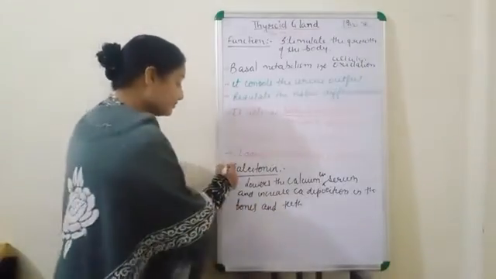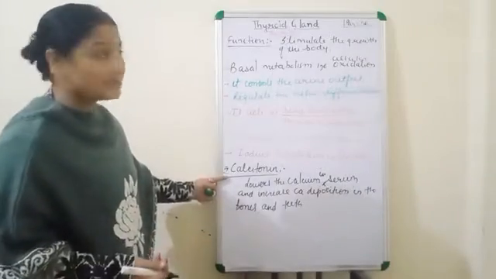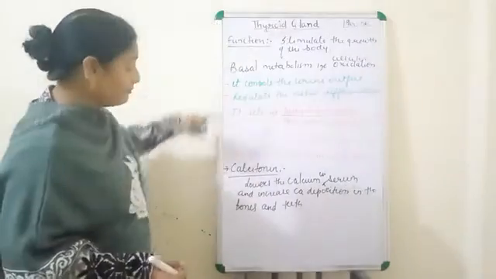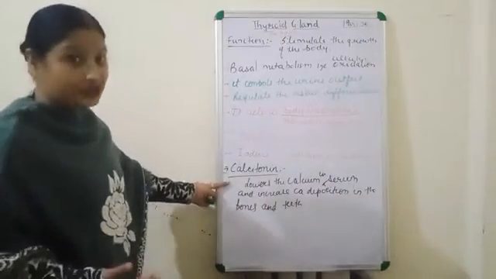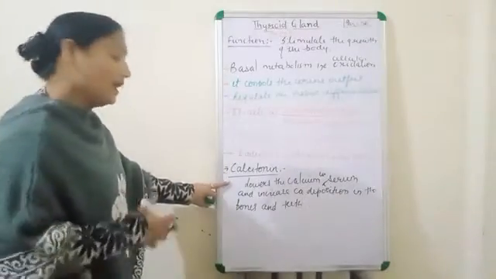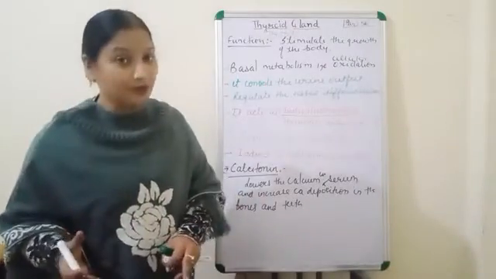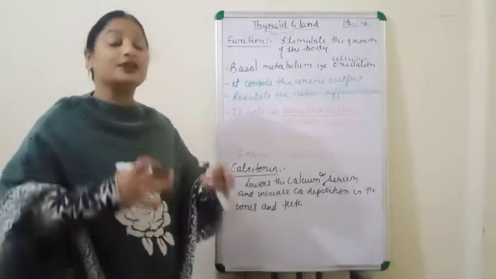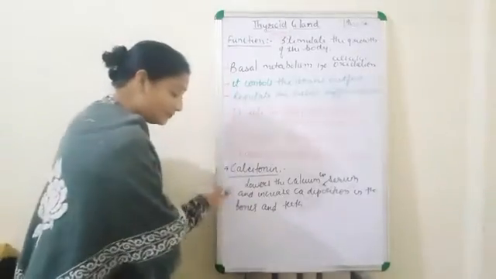So this is the function of the second hormone secreted by the thyroid gland, calcitonin. It is used to lower the calcium in the serum and helps in the deposition of this calcium in the bones as well as in the teeth, to maintain the structure of the bone as well as the teeth.